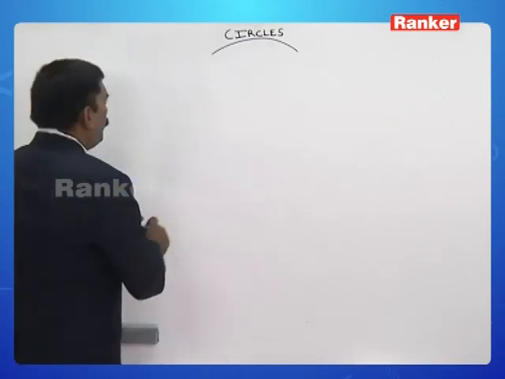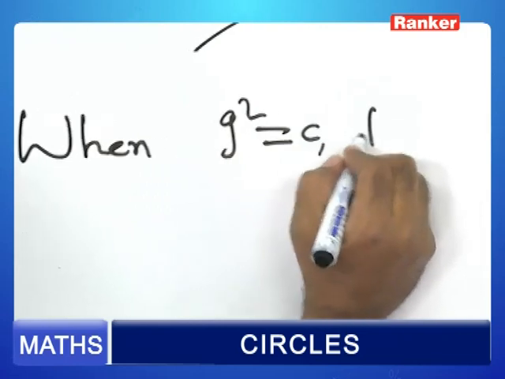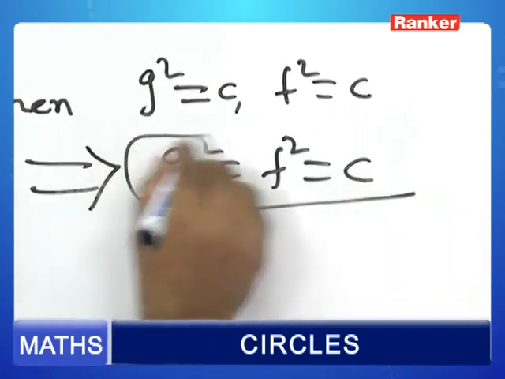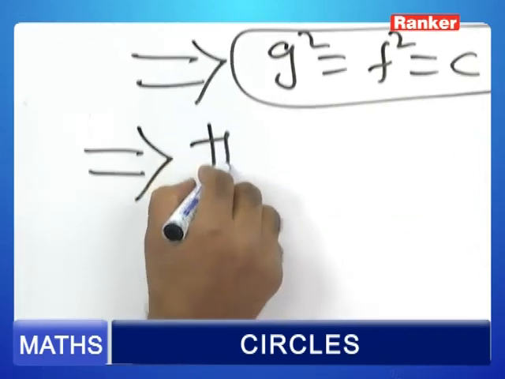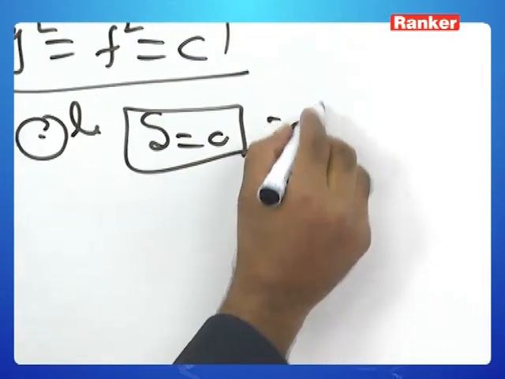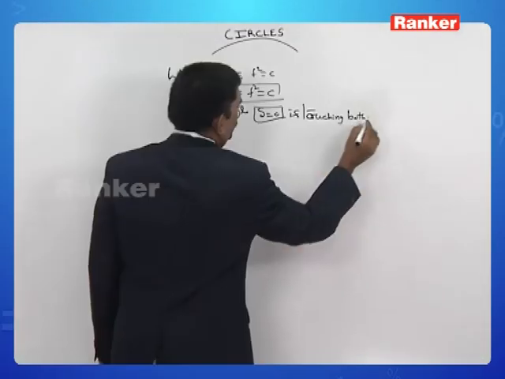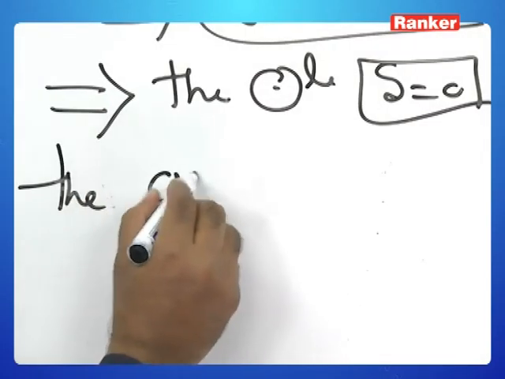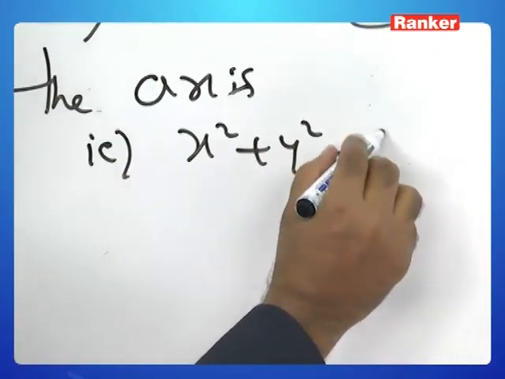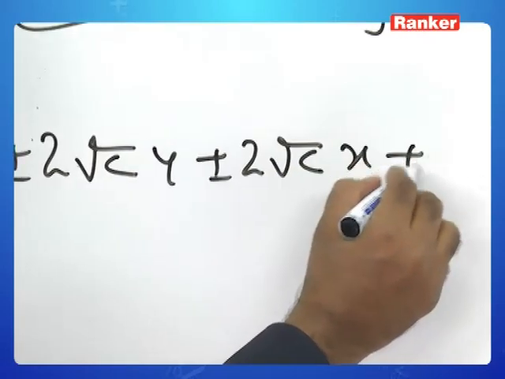So when g square is equal to c, f square is equal to c, which implies g square is equal to f square is equal to c, which implies the circle S equal to 0 is touching both the axes, that is x square plus y square plus r minus 2 root c into y plus r minus 2 root c into x plus c is equal to 0.